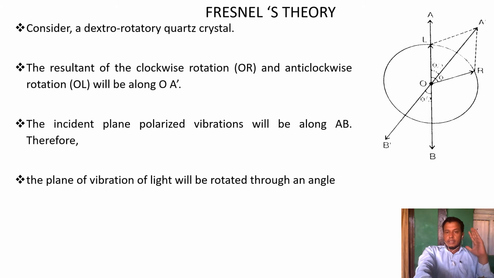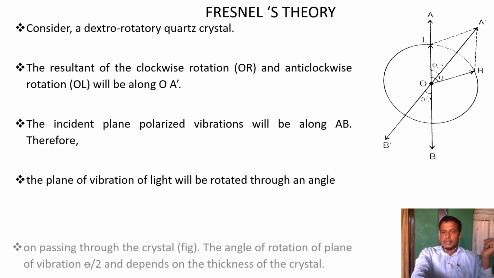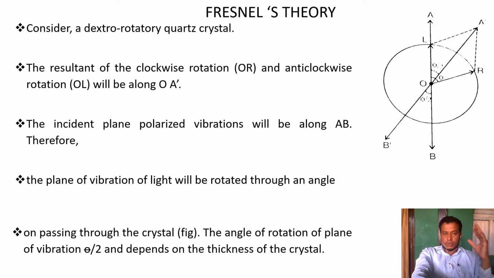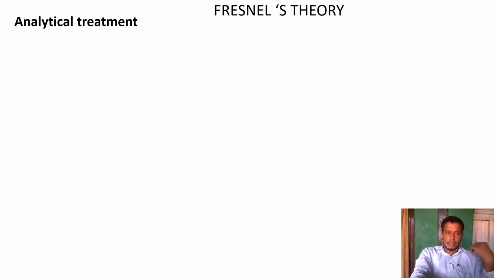So the plane of vibration rotates by some angle, pi by 2 for each, and the rotation depends upon the thickness of the crystal through which the plane polarized light passes.